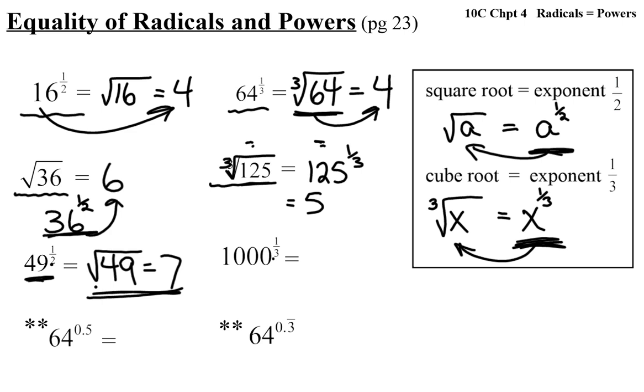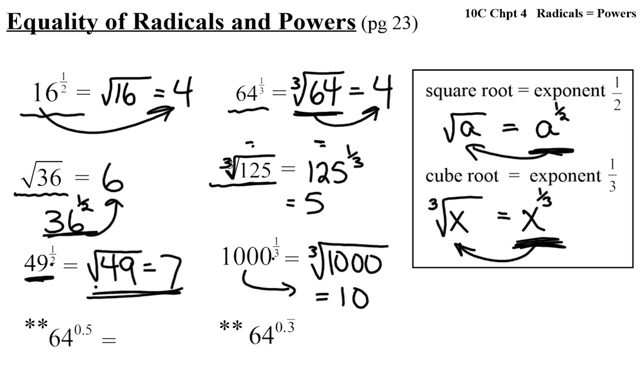Again, a fractional exponent's ugly, but an exponent 1/3 is just the same as cube rooting. What do we multiply 3 times to get 1,000? 10. So 1,000 exponent 1/3 is just 10. Fractional exponents look ugly. They're not that bad.